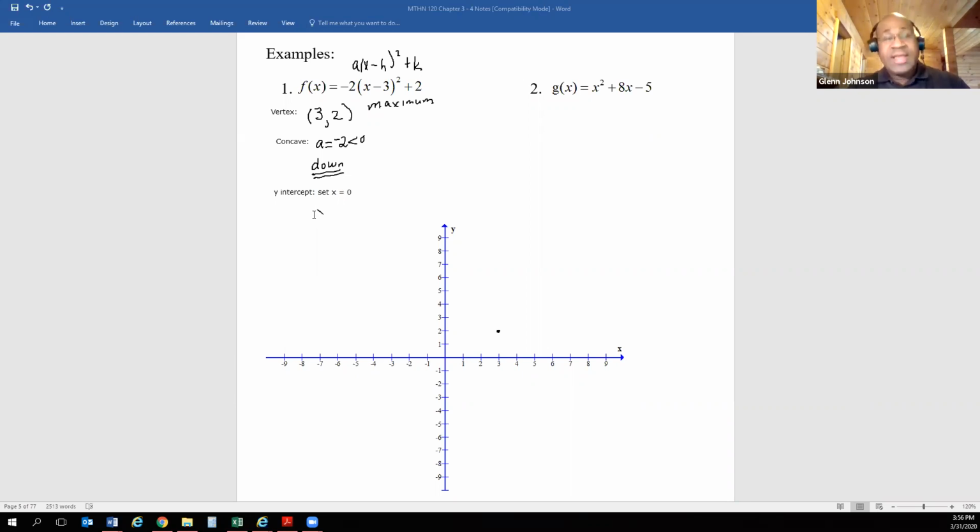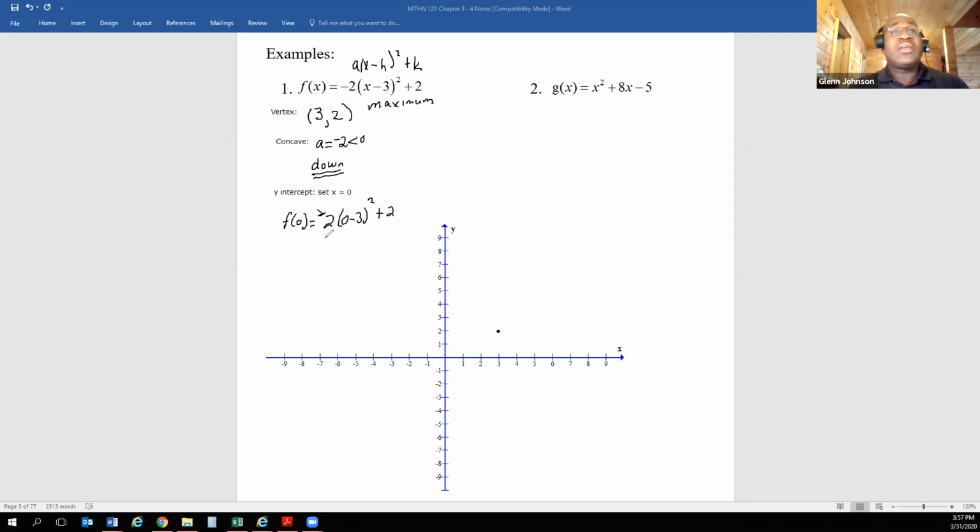So if we do that here, we're basically evaluating the function at 0. So we're finding f of 0. So for f of 0, we plug in 0 for x. So that'll be negative 2 times 0 minus 3 squared plus 2.